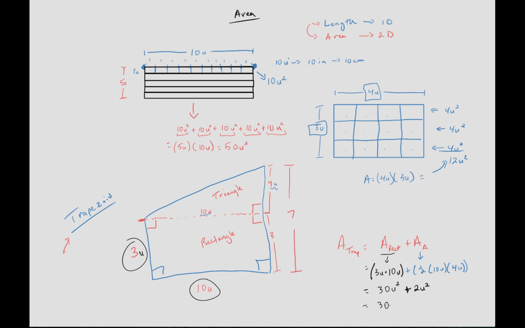And we find without ever even knowing the formula for a trapezoid that the area of this particular one is 50 units squared.